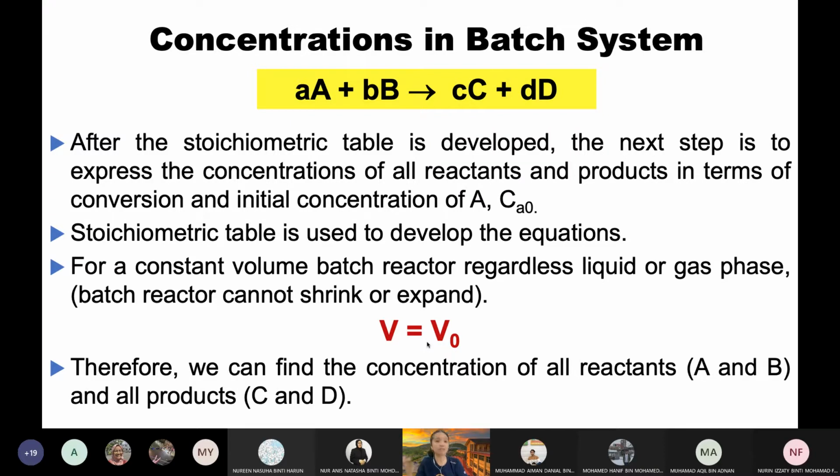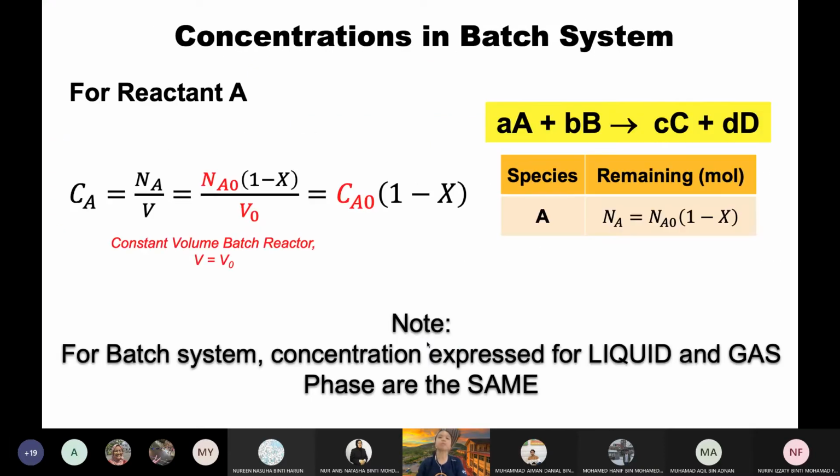Why is this important to know? Now, we express concentration. At this moment, we will use this table to express concentration. At this stage you may feel there are many expressions, which is true. But later as you go to chapter 4, chapter 5, chapter 6, you will always see this equation and you will automatically memorize it. What does that mean?